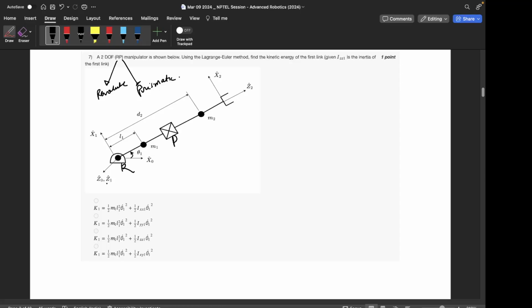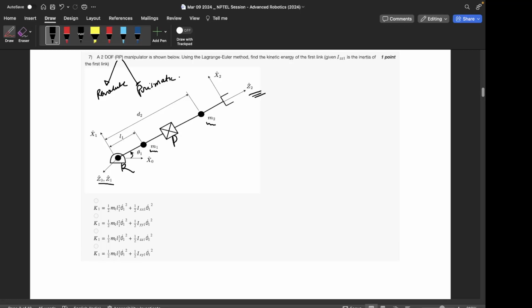We keep the z axis along the degree of freedom. So first is the revolute joint, so z0 and z1 are along the same direction, but z2 is a translation, so it's a prismatic joint, so it's along the direction of that translation. Okay, and a few inertial parameters are given, that is, m1 is the mass of the first link, which is shown concentrated at a point.